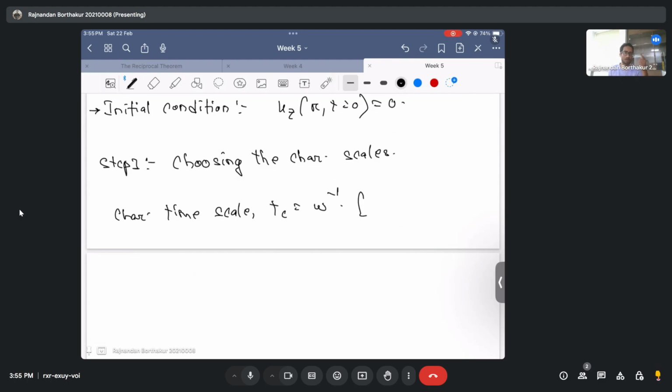If you are looking into the disturbance of the fluid which is very next to the wings of the bird, the time scale of the disturbances will be the imposed time scale of the problem, which is omega inverse. Okay, so I'll write it down that TC is omega inverse, which is the imposed time scale.